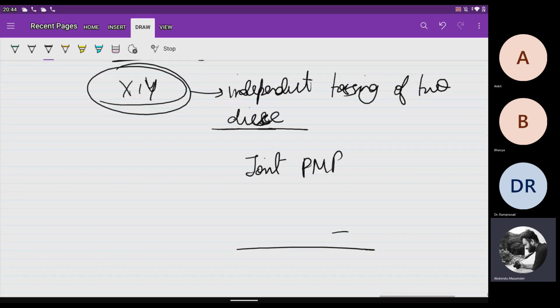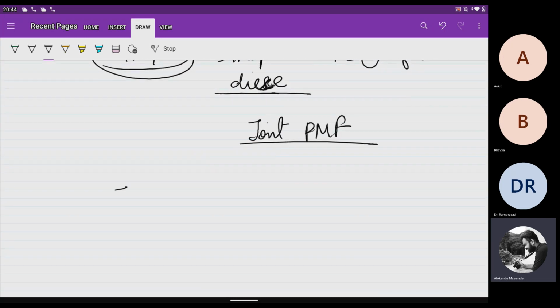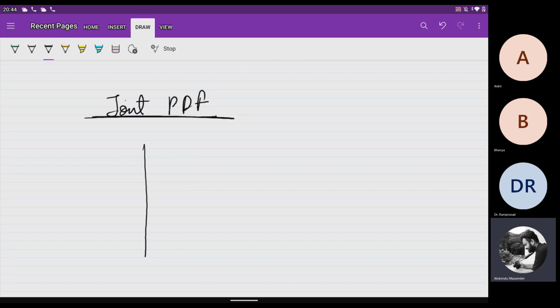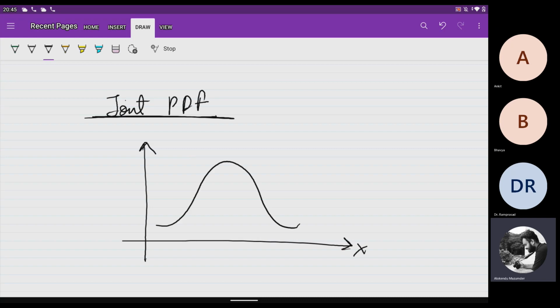I will just give you a brief idea about what is a joint PDF, probability density function. Now, for a Gaussian distribution, a single random variable, it looks like this, where x is your random variable.